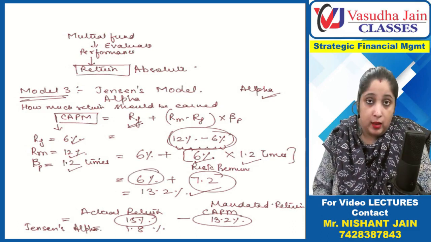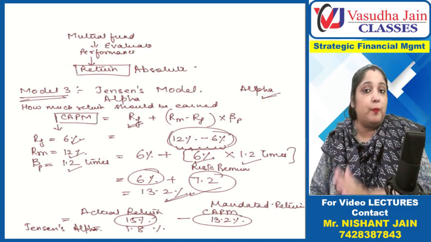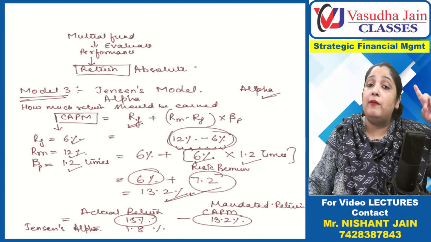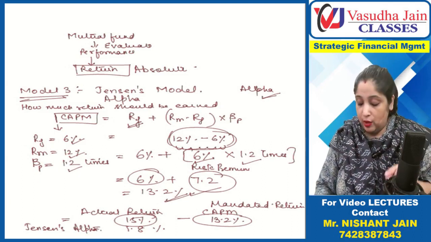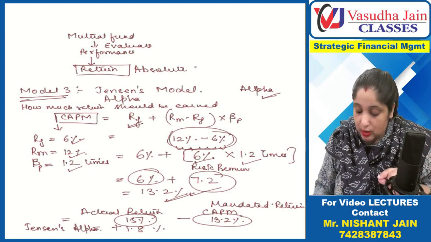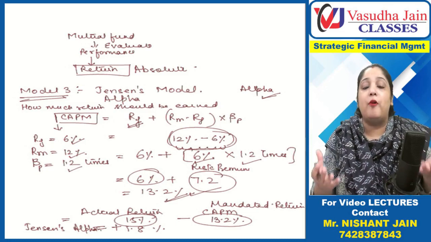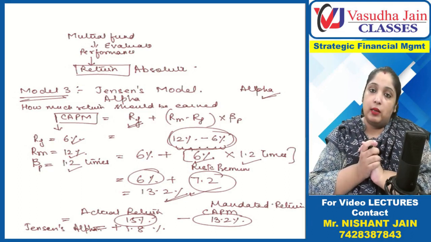So your portfolio should get 13.2% return if you compare with the benchmark stock market. And if your portfolio is giving you more return than the mandated return of CAPM, then Jensen's alpha is positive and higher, which means your mutual fund investment or portfolio is performing better than the capital market.